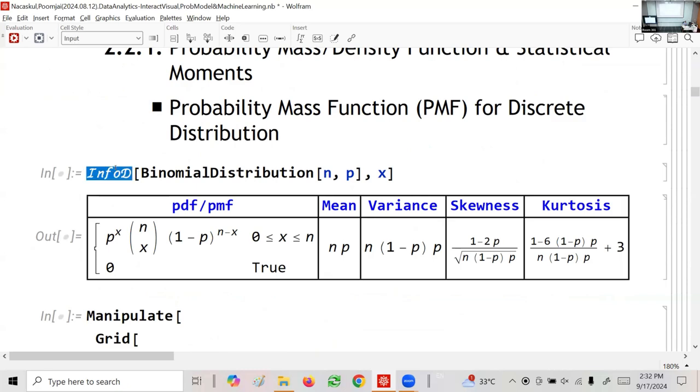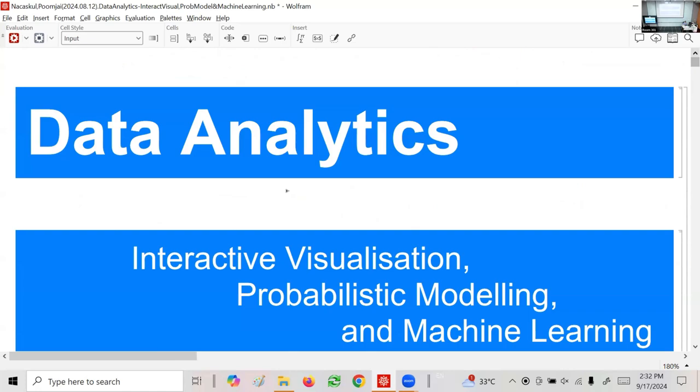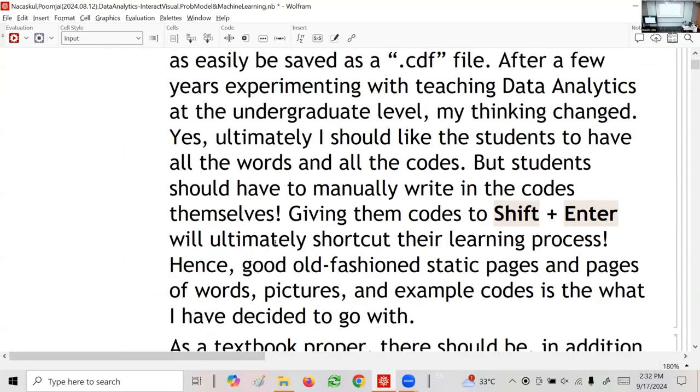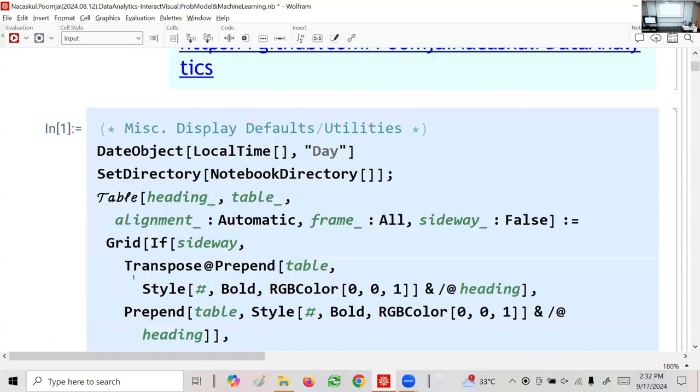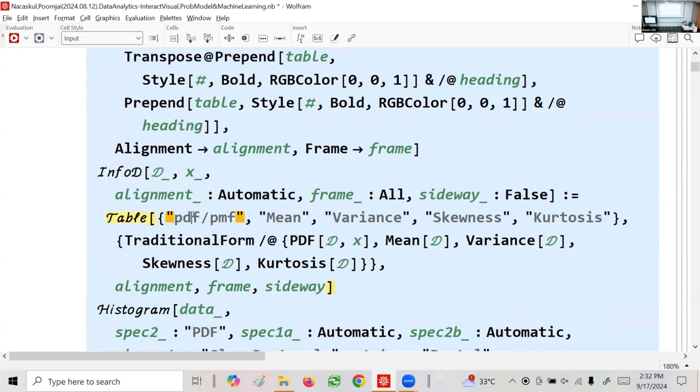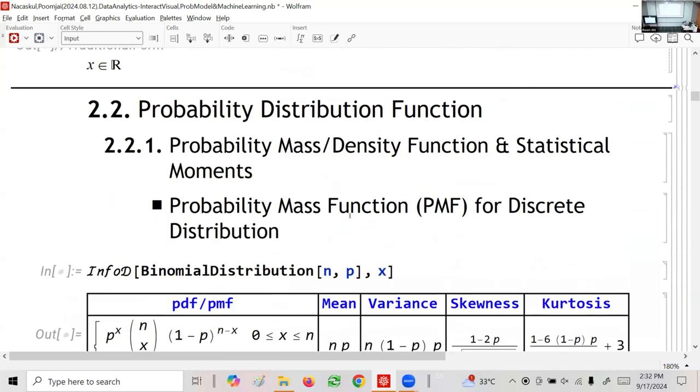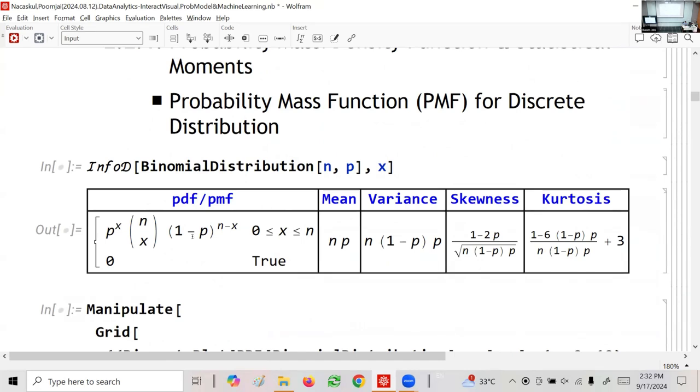Basically, this info-D function is from the very beginning. This is the header file. I think I sent it to you a few weeks back. Basically, what it does is give you the mean, the variance, skewness, and kurtosis. Basically, just a summary, except I add some kind of table around it. Okay, so there it is.